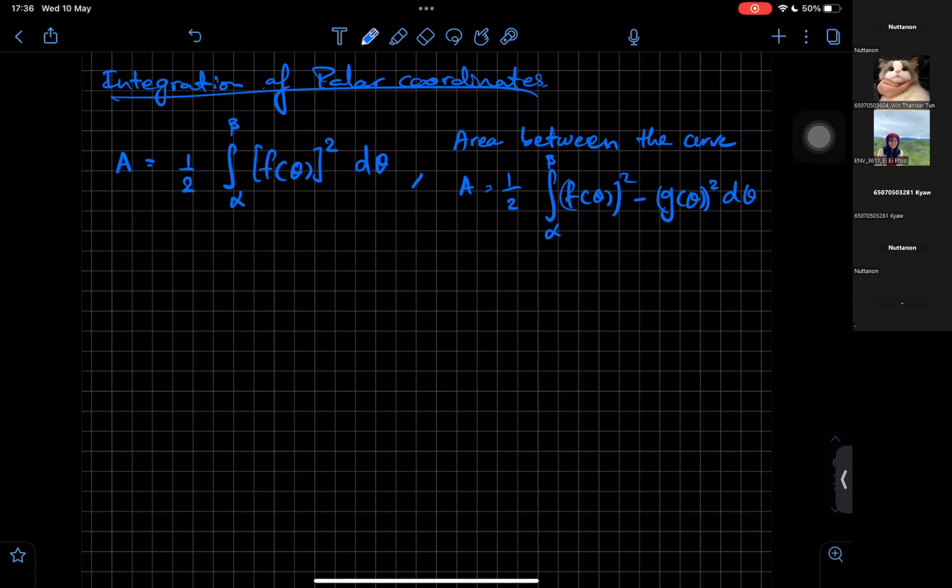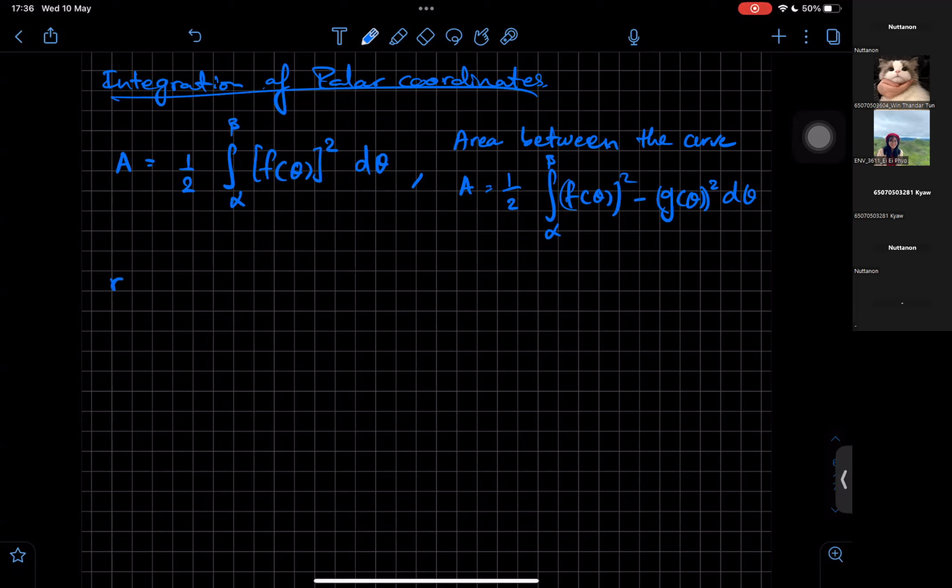When you want to do the integration, let's just do some easy one first.